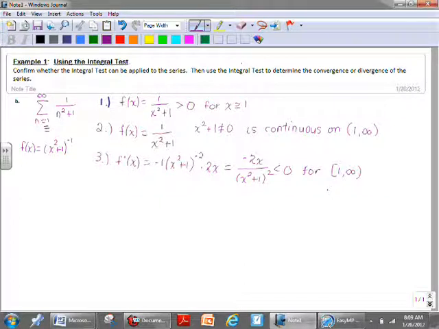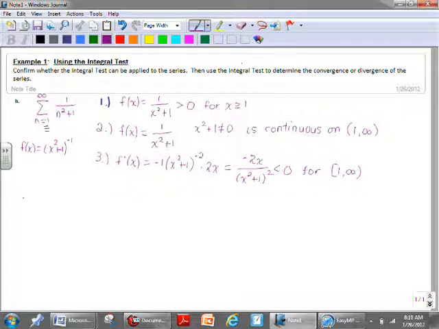I entertained the possibility of entering this into a graphing calculator, but I've decided not to now. You could verify that it's decreasing that way as well. So now the integral test. Now we got a little BC calculus to do here. The integral test here will look a little something like this.